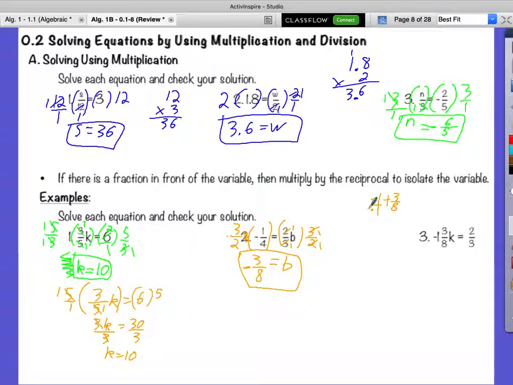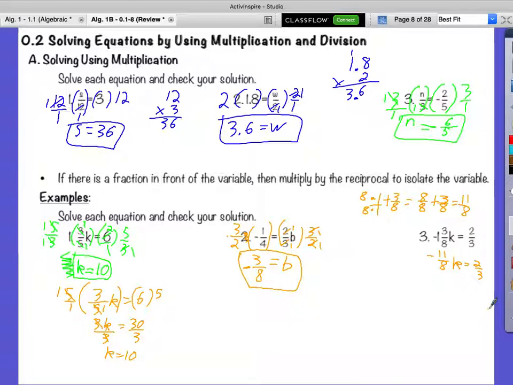Times by 8. If we times the bottom by 8, what do we do to the top? Times by 8. So this becomes -8 over 8 plus 3 over 8. What's -8 plus 3? Negative 5 over 8. So this ends up being negative, don't forget that negative sign, and negative 11 over 8 is equal to 2 over 3.